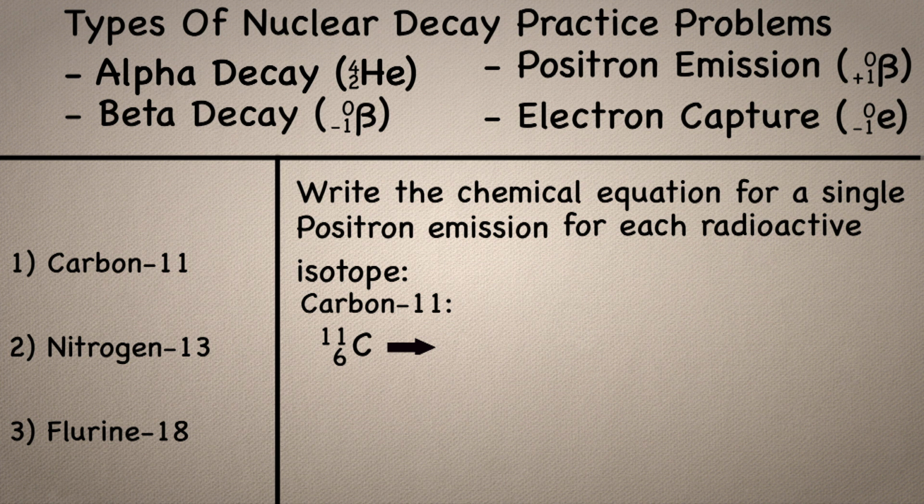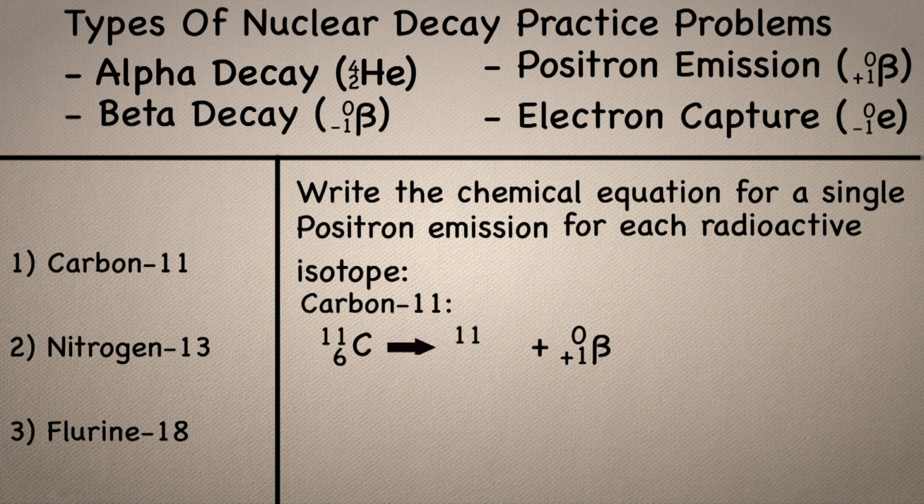Well, a positron emission just has 0, +1 beta sign. Okay, so we have those two. Now we have to figure out our mass and our missing element. The 0 indicates that mass is not going to change, so whatever element we have has an atomic mass of 11. That's going to be the top number. Well, we have 6 on the left side and +1 on the right side.